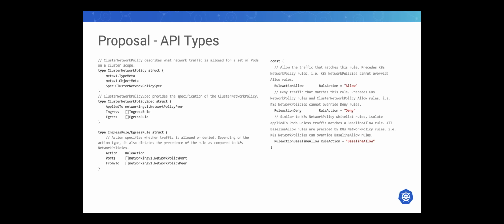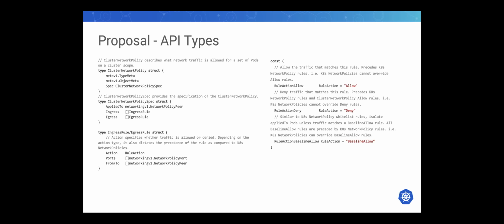Again, similar to allow, multiple deny rules cannot conflict with each other. So they are also additive, and similar to the allow rules, will also precede the Kubernetes network policies. So the deny rules will be evaluated first, and then all the Kubernetes network policy rules, if the traffic did not match any of the deny rules.